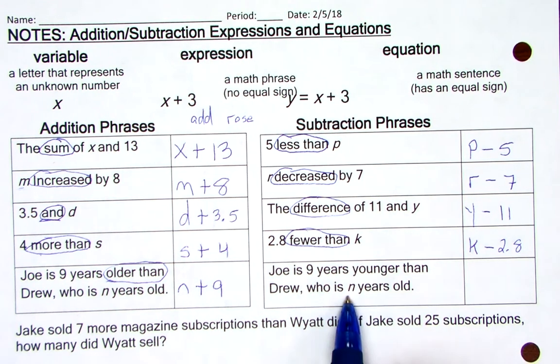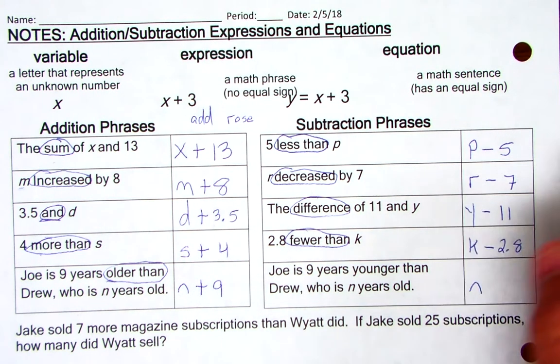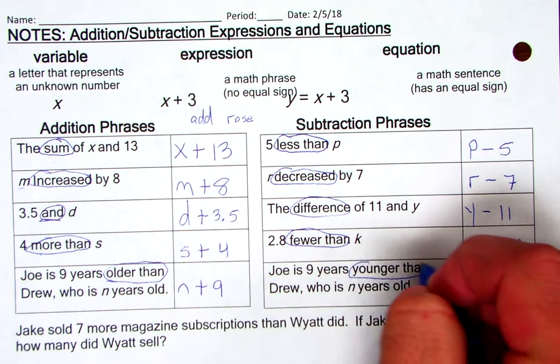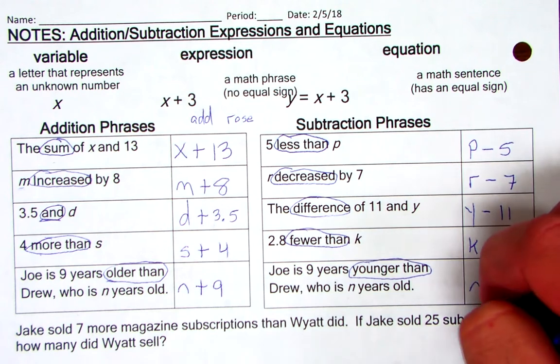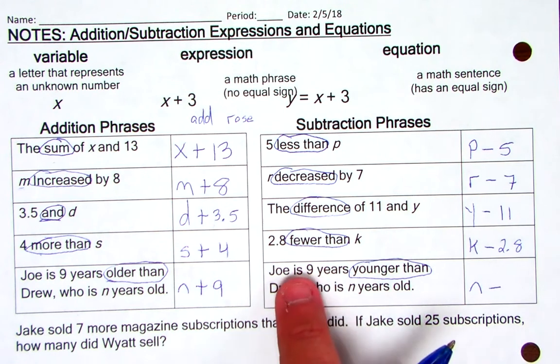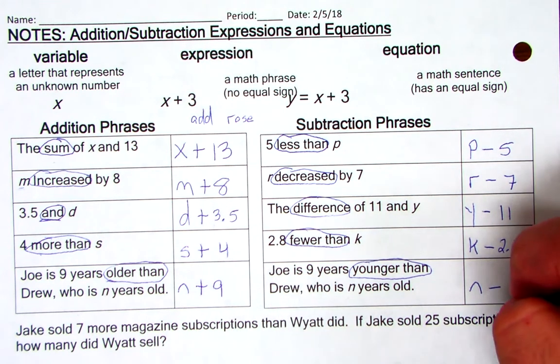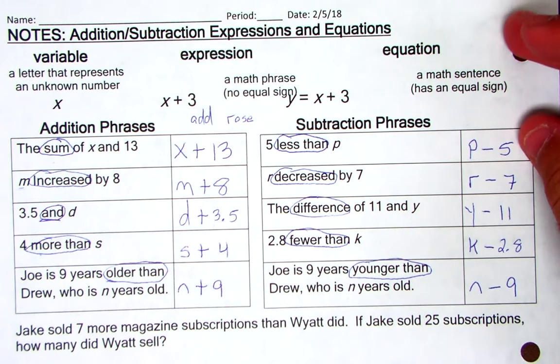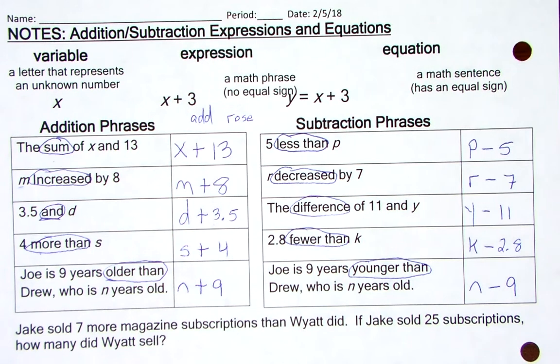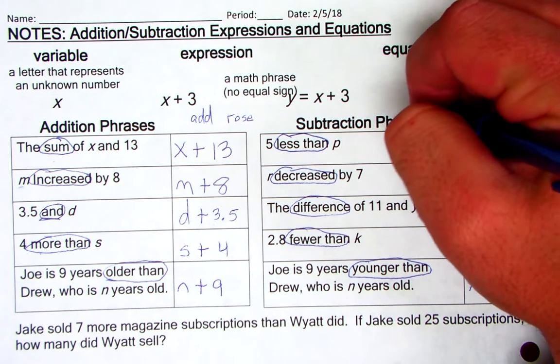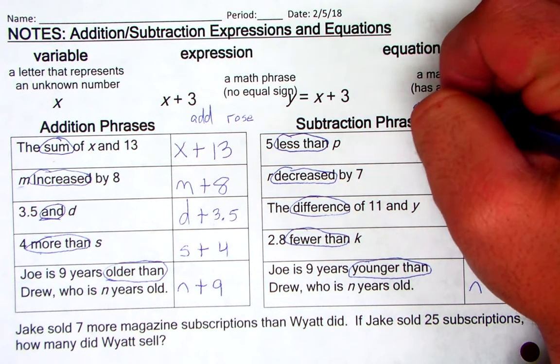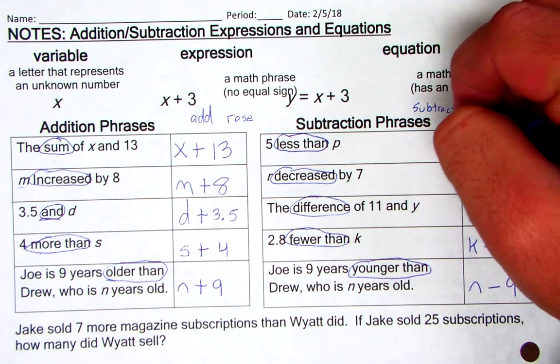There's my variable again, n. Younger than means we have to take away, and we're taking away 9. Some other words that you will see that mean to subtract. Well, subtract means to subtract. Take away.